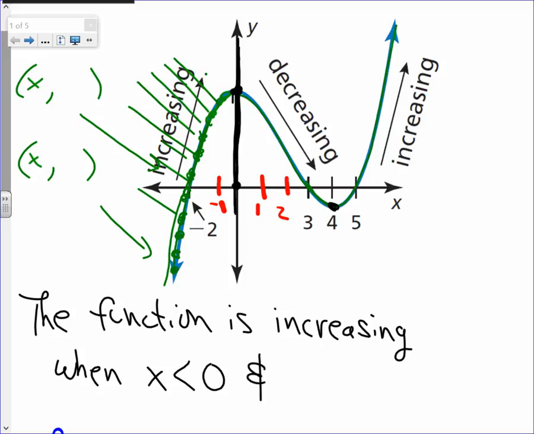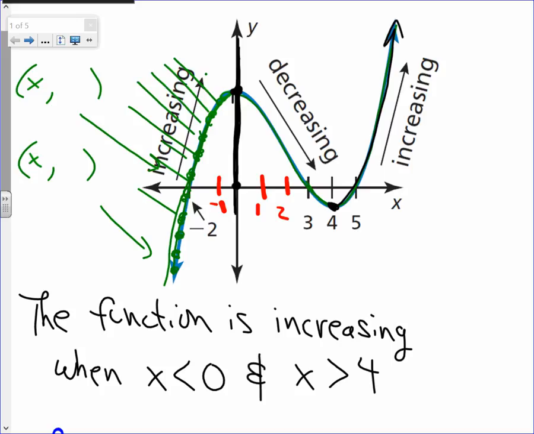And where's another part where it's increasing? Right, after 4. It starts increasing from this point on, forever. So the function is increasing when x is less than 0, and when x is greater than 4.